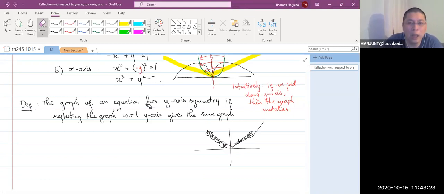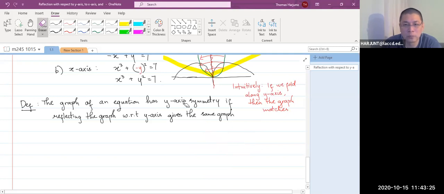Now, what will happen to the equation then, algebraically, if replacing x by negative x simplifies to the original equation.